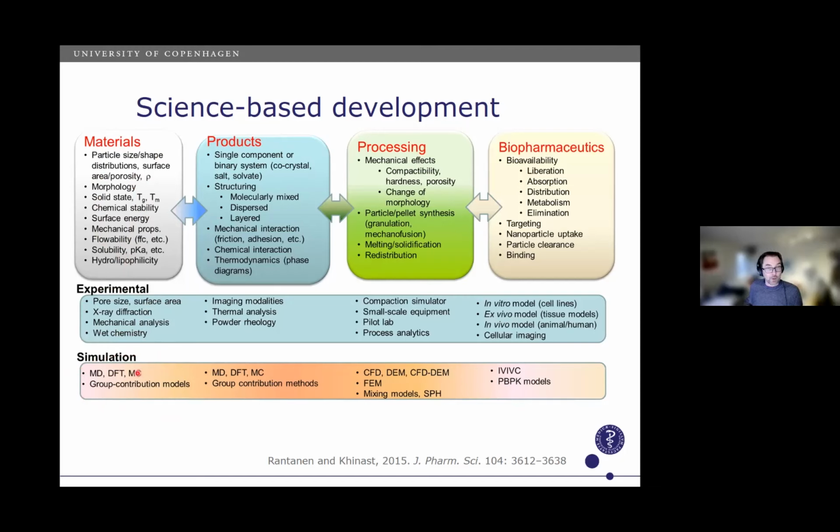I'm not planning to walk through all these simulation techniques here. We can do molecular dynamics type of simulations, DFT simulations, and then these particle level simulations. And we can also simulate human beings. So identify different mathematical models for describing how humans behave. So the whole pharmaceutical product can be described with a computer.